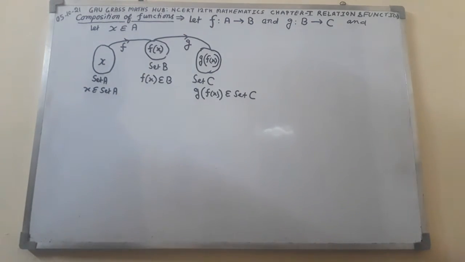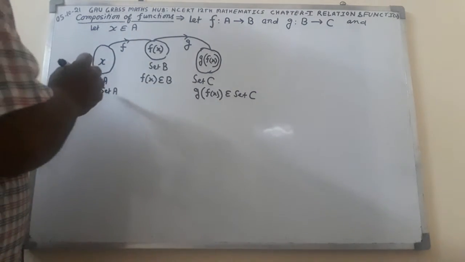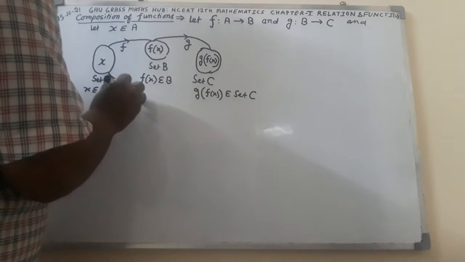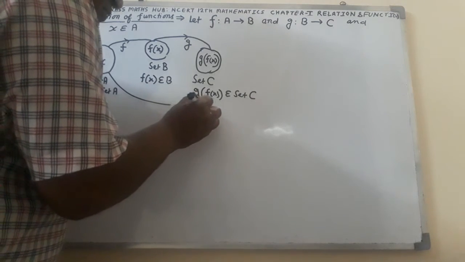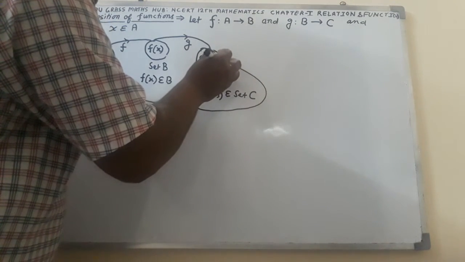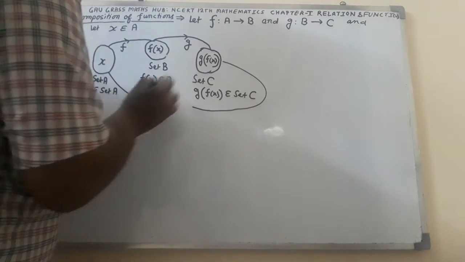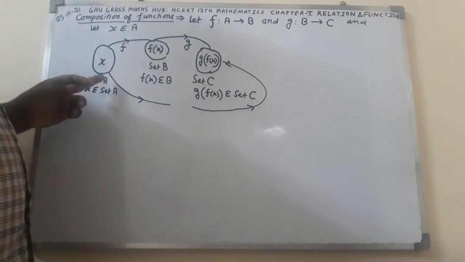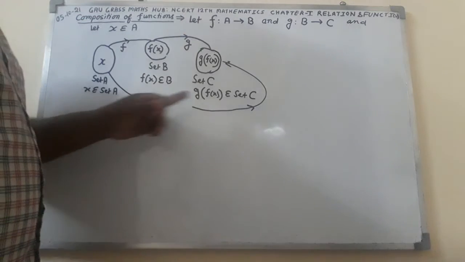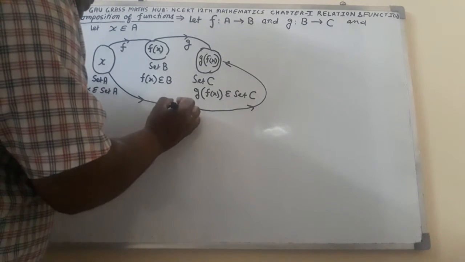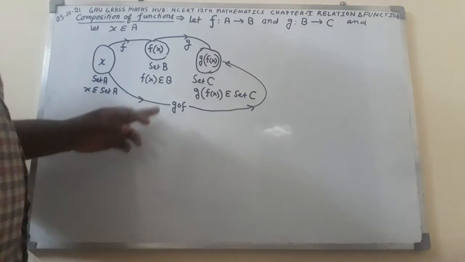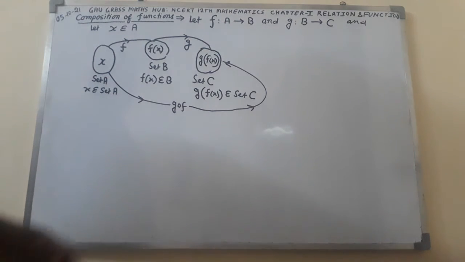Three conditions are there. Then set A will be related to set C by means of gof. How gof? Just remember gof.